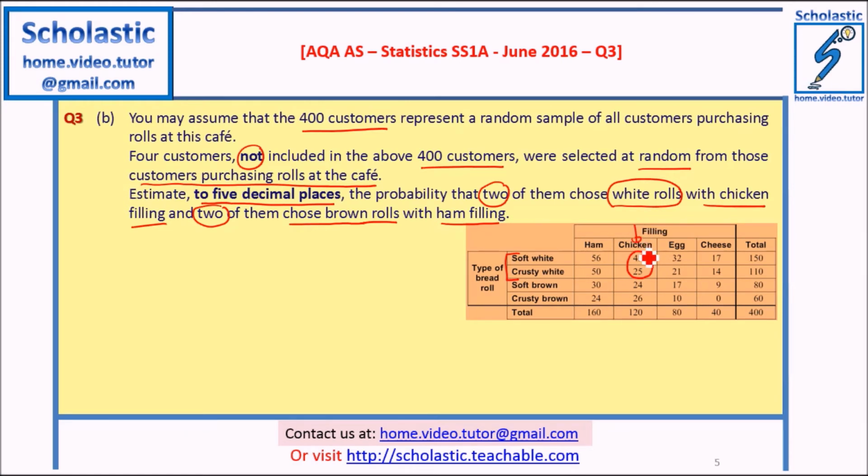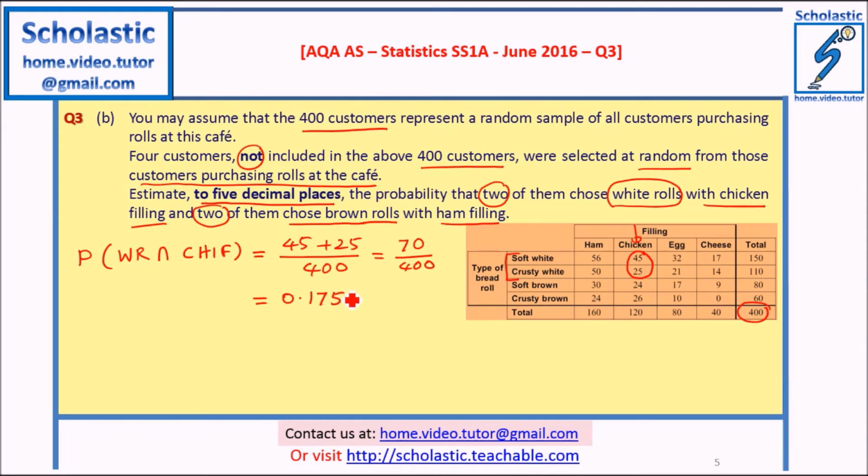So the probability of choosing a white roll with chicken filling is equal to, out of 400 customers, you take 45 plus 25 chose chicken filling with the white roll. That means 70 over 400. So if you calculate the probability, it is equal to 0.175. Let's assume this is P1.